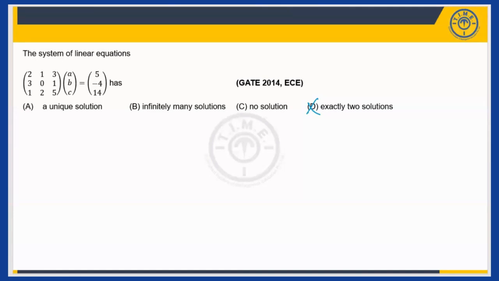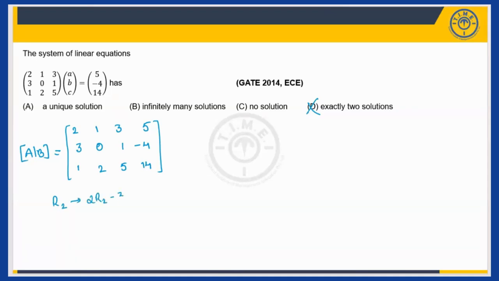So now if we start solving these equations, just find out the rank of the matrix. That is 2, 1, 3, 5. That means I'm writing the augmented matrix 1, 2, 5, 14. Right? So this is the augmented matrix A by B. So find out the rank. So to R2 applying 2R2 minus 3R1, and to R3 applying 2R3 minus R1.